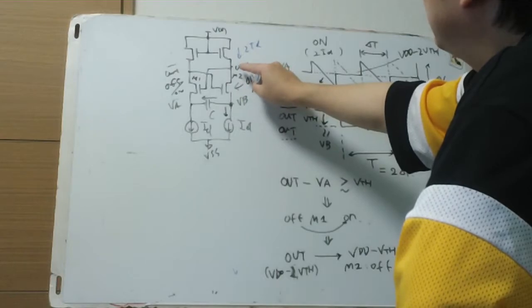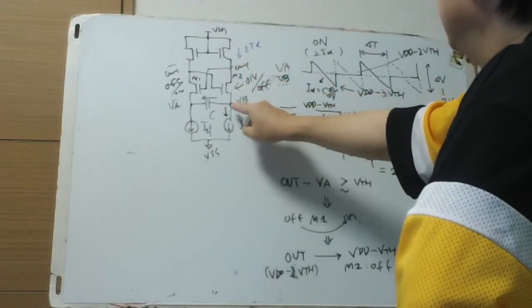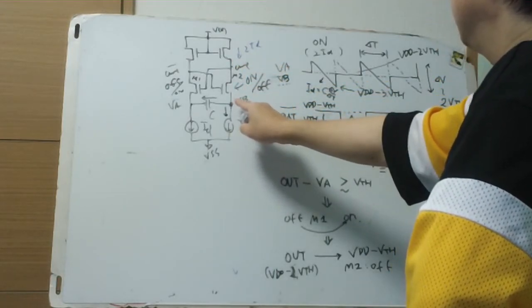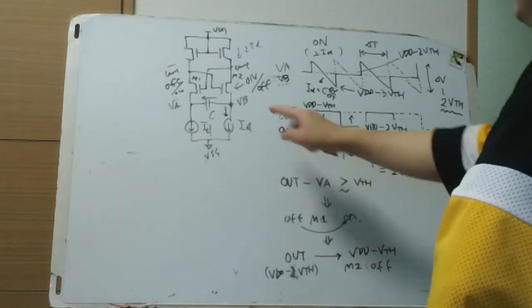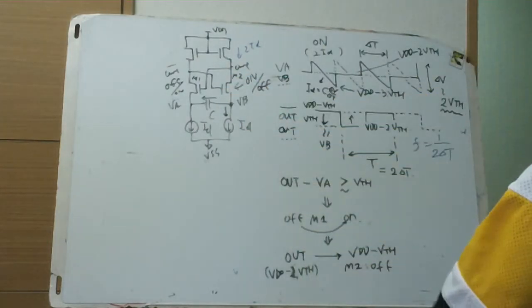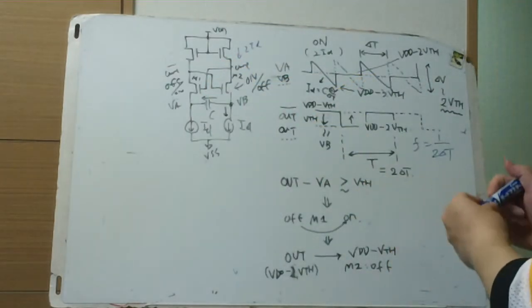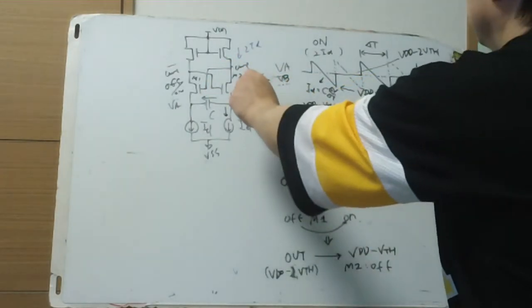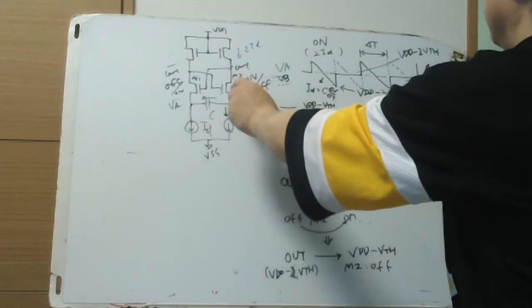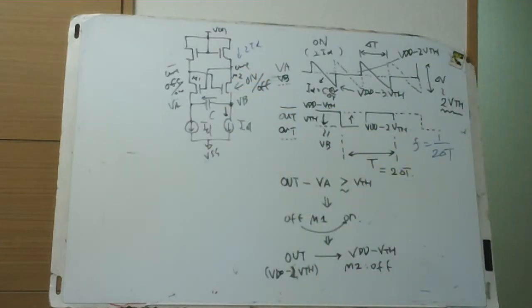Vout equals VB, and VB to outbar is larger than VTH, more than enough to turn M2 on.